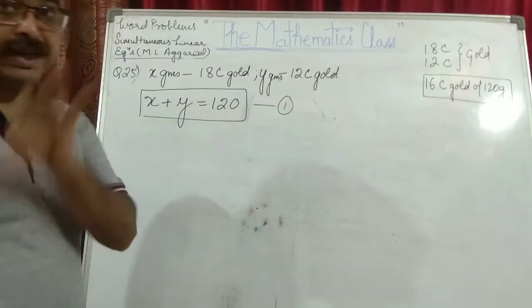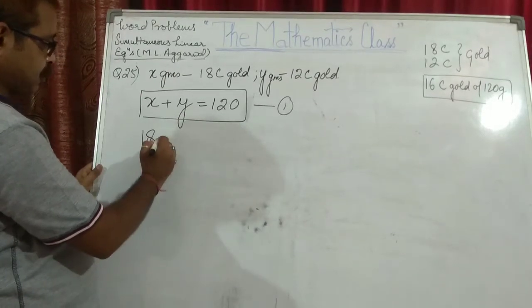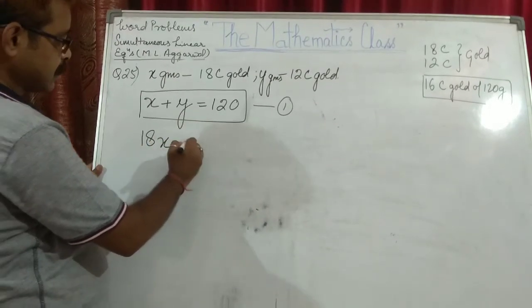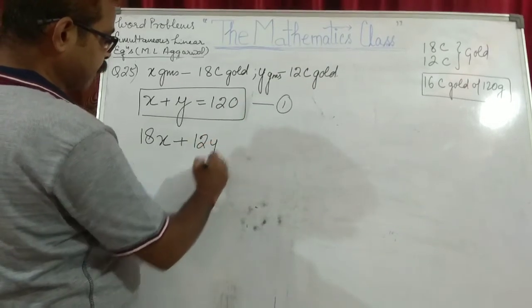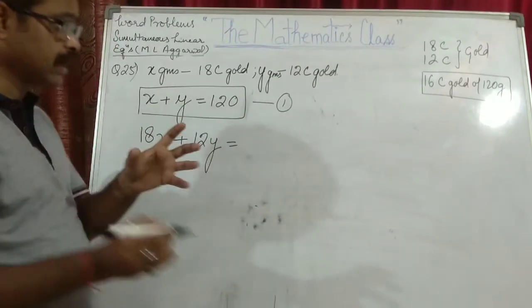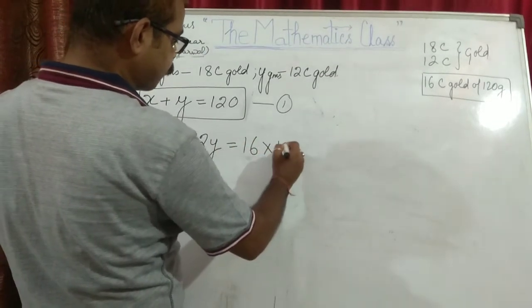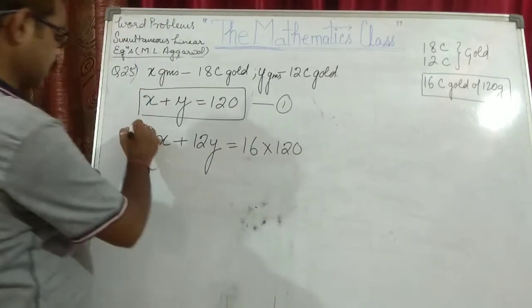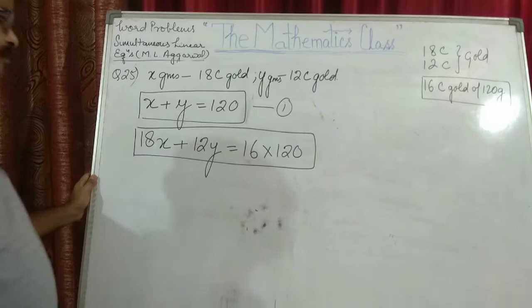Second equation, that will be in carat. 18 karat gold of X grams plus 12 karat gold of Y grams melting together gives 16 karat gold of 120 grams. This is the second equation.